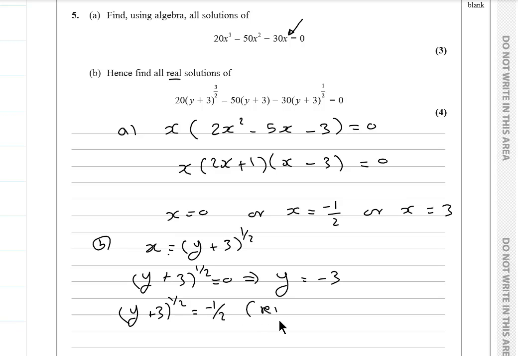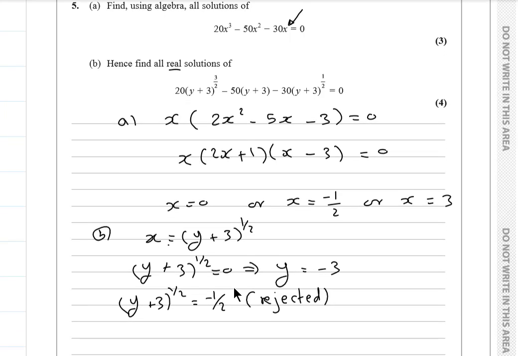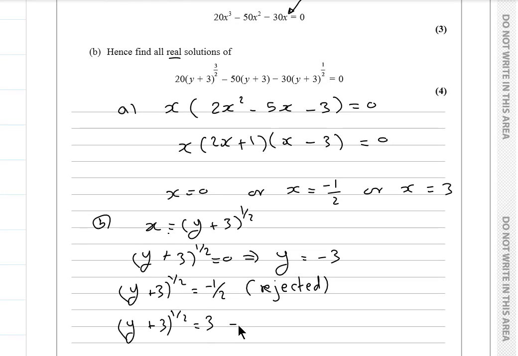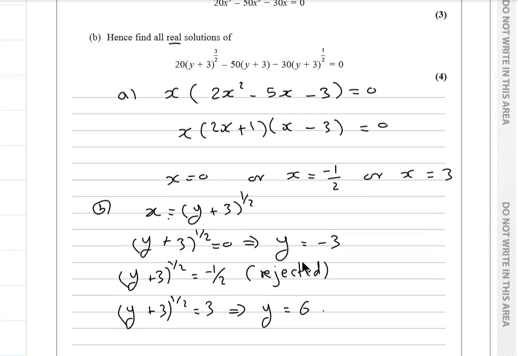Why? Because the square root can't be negative. Finally, y plus 3 all to the power of half equals 3. Squaring both sides, y plus 3 equals 9, and then y equals 9 minus 3, which is 6. So our answer is minus 3 and 6.